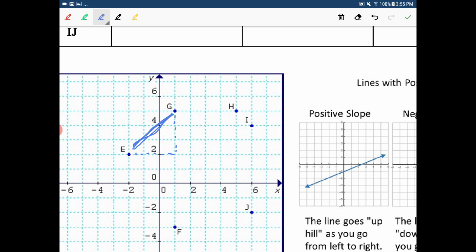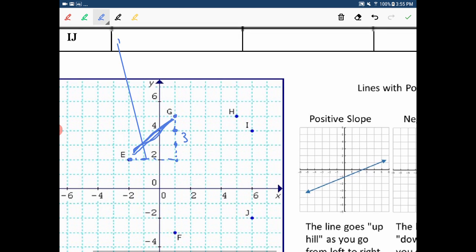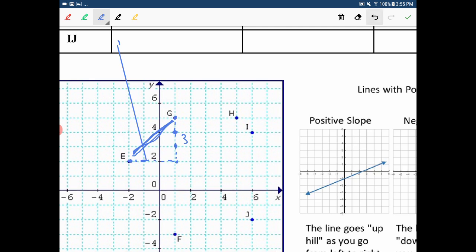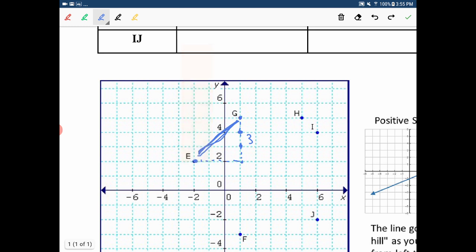All that matters is that we have a rise of 3. It goes up 1, 2, 3. And the same with the run, it goes over to here, to here, to here for another 3.